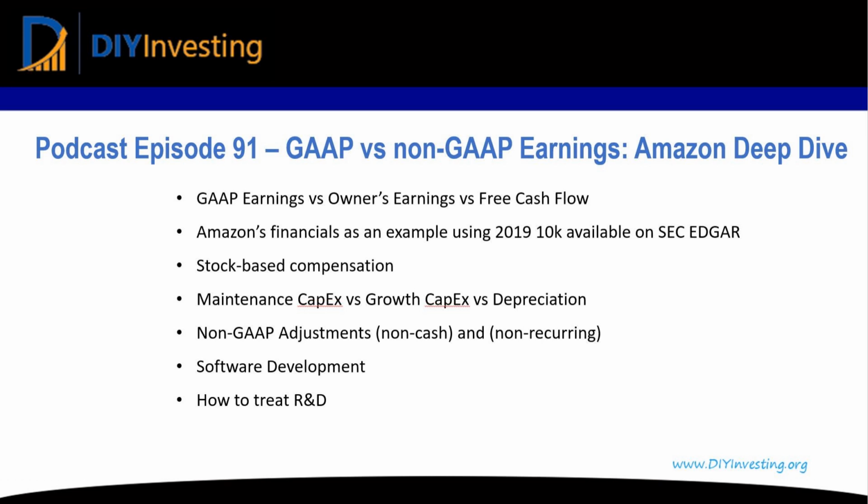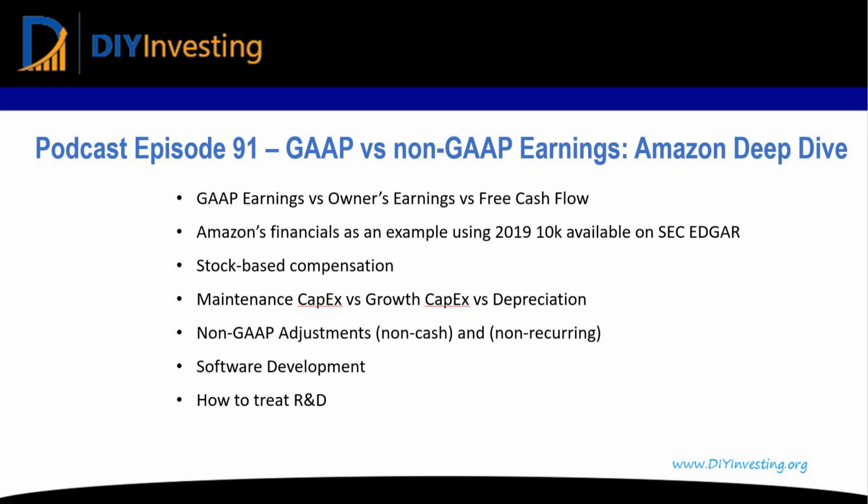One of the big adjustments that you'll see between GAAP and non-GAAP earnings is that investors will adjust cash outlay. They will treat cash spending as true spending and non-cash spending as not true spending. The biggest non-cash outlay that is usually discounted from non-GAAP earnings would be stock compensation.